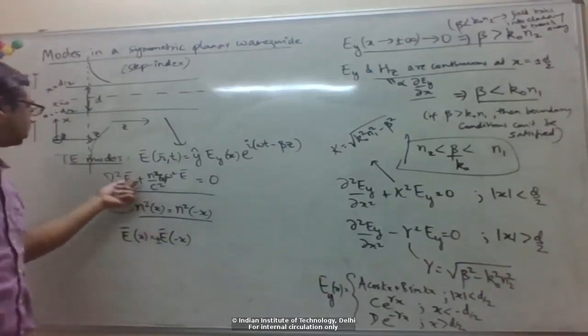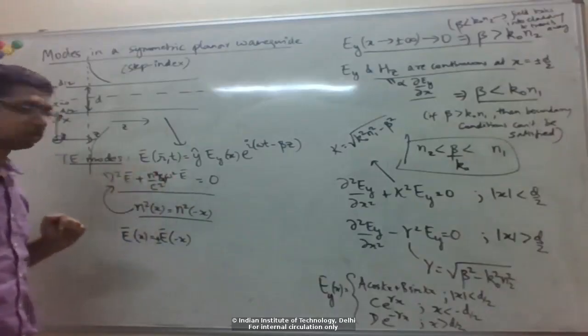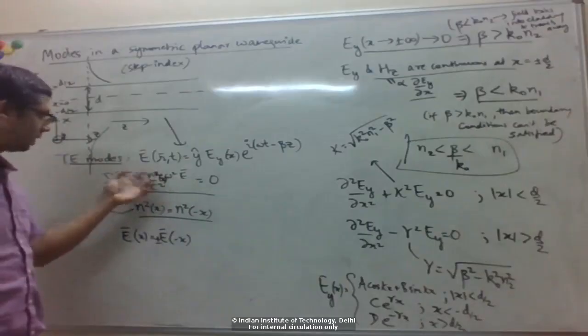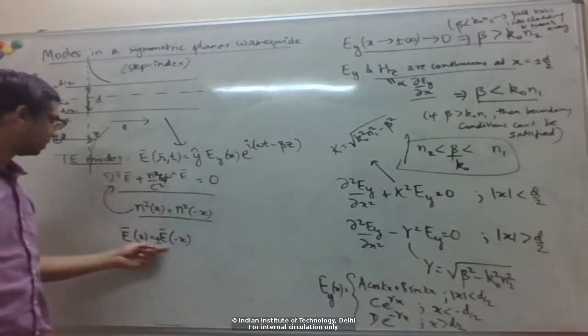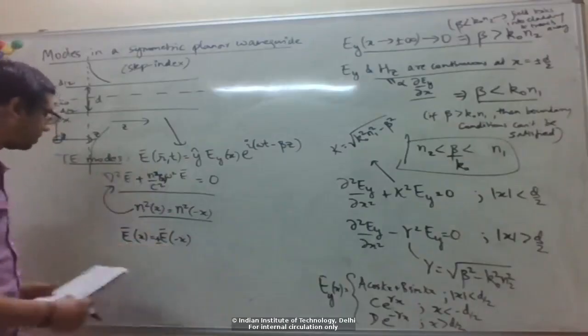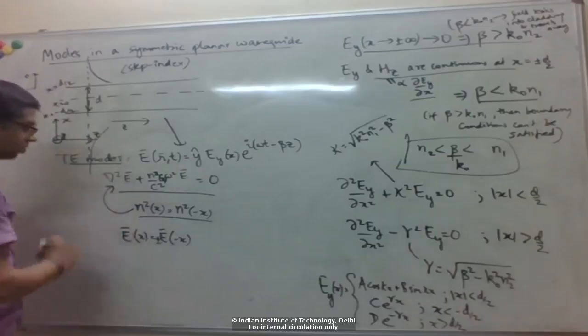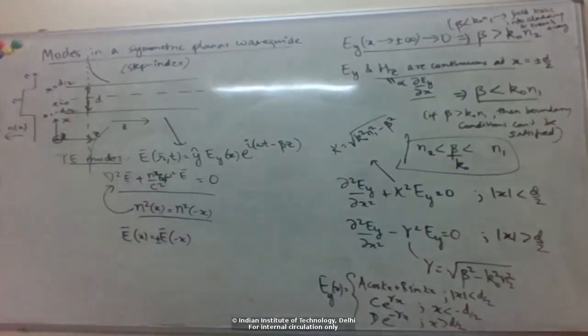Basically you can take this equation, then take x to minus x, and you get another equation, and doing some transformation you can see that if E of minus x is equal to E of x or minus E of x, so it's either odd or even, then the equation is satisfied.